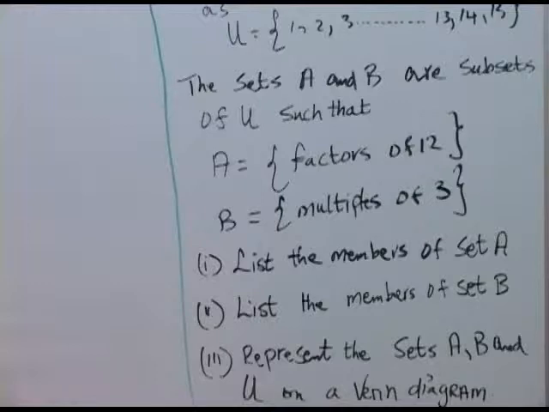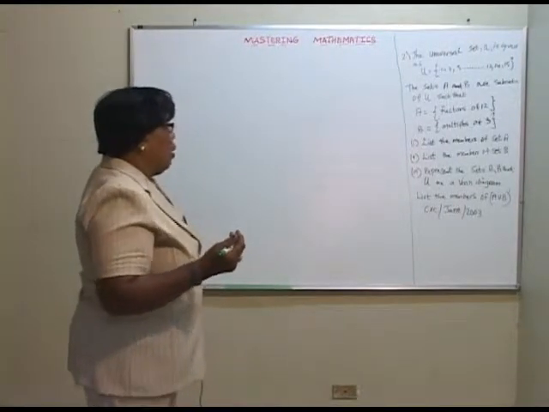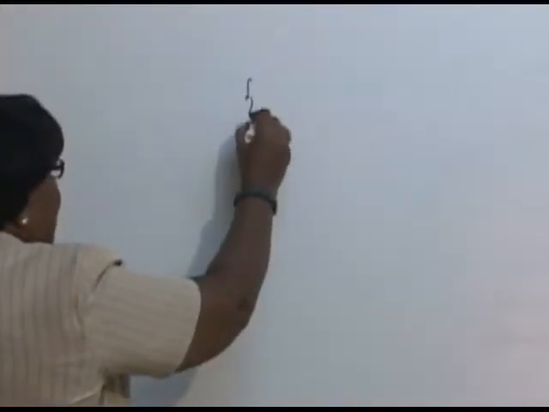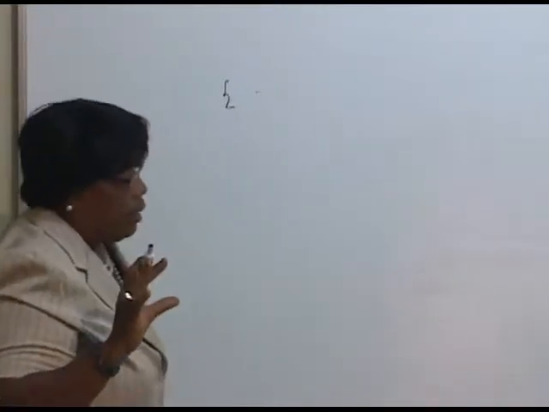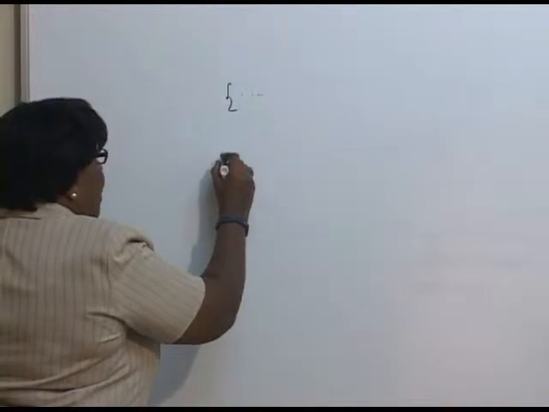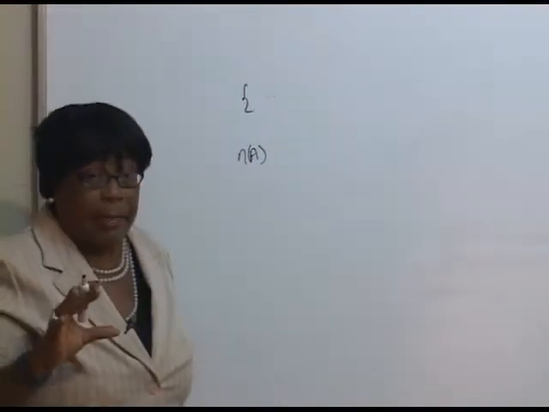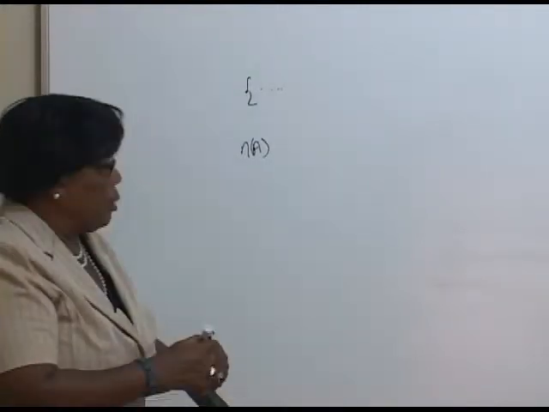And then we see that the first question is asking us to list the members of set A. So we expect to have curly brackets and each of the items itemized, just so that we can see what they look for. In contrast, if they had asked you for the number in A, then we would be counting. So please note the difference in those notations.